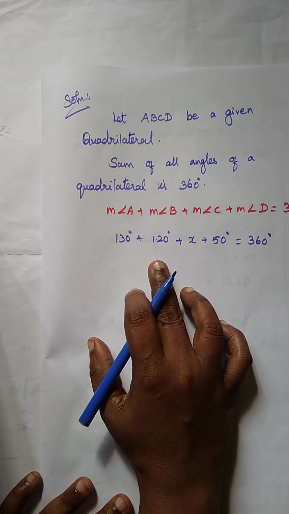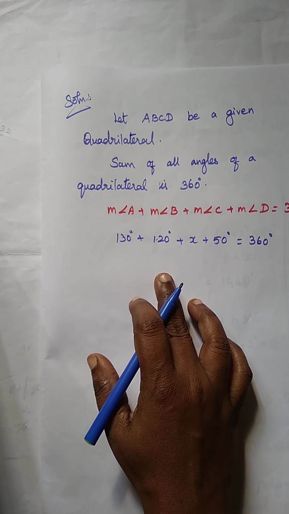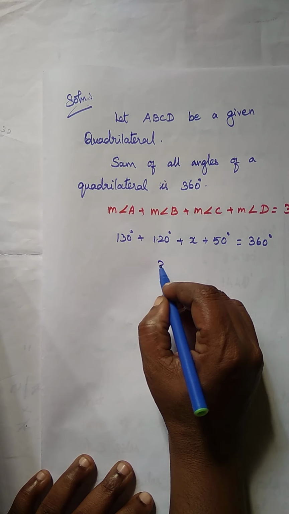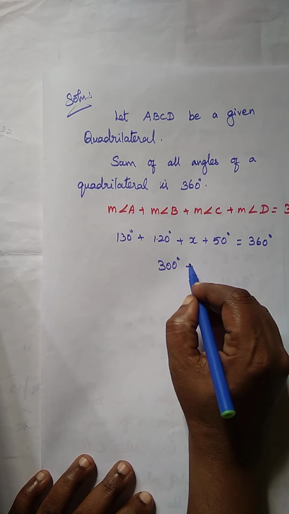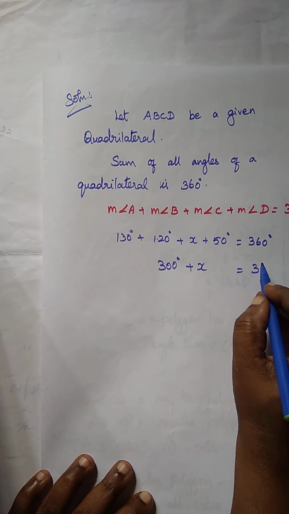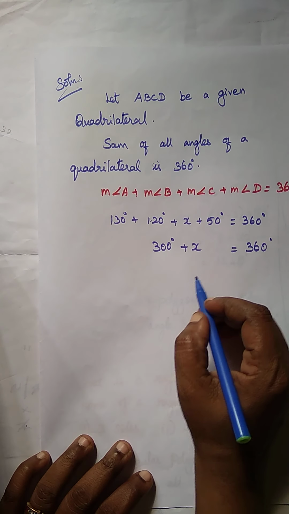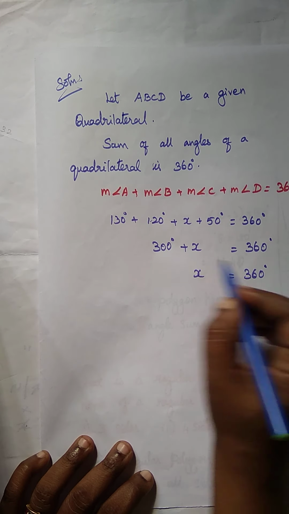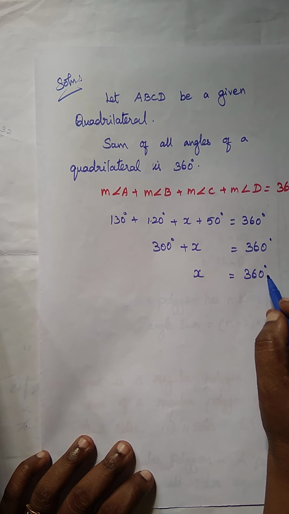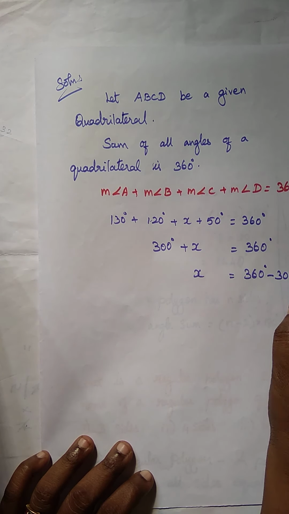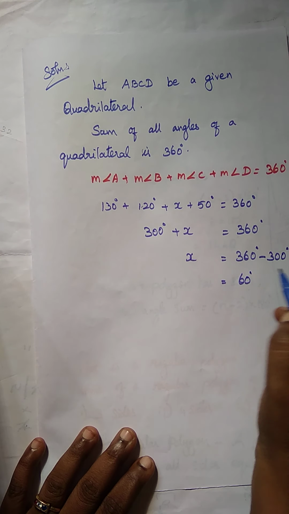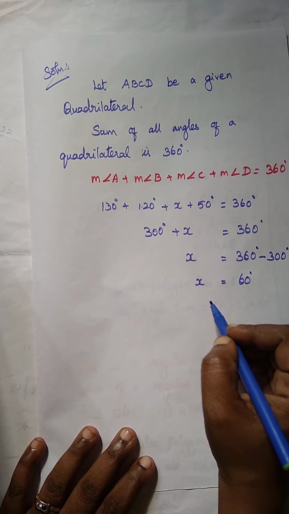Given angle 130 plus 120 is 250. 250 plus 50, 300. So 300 degree plus x is equal to 360 degree. Now we find the value of x. So this plus 300 comes to the right side, so it becomes minus 300. 360 degree minus 300 is 60 degree. Okay, x value is 60 degree.